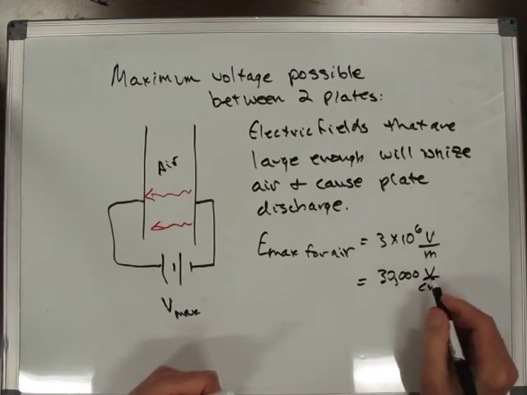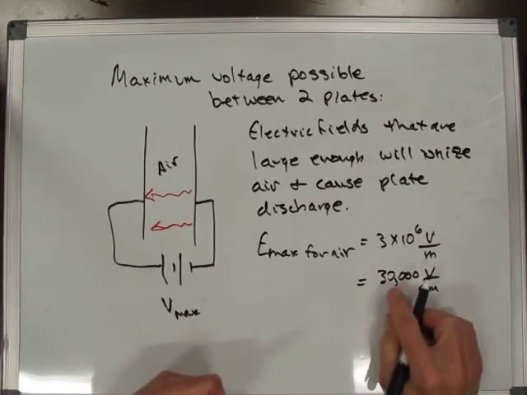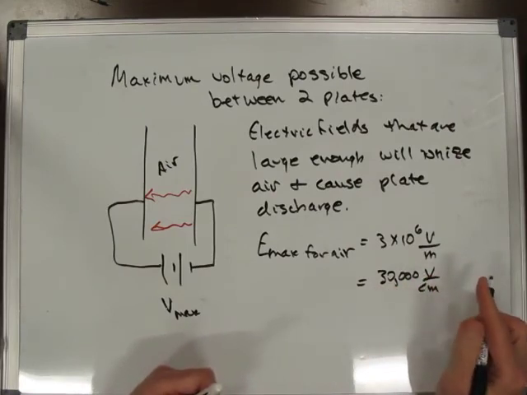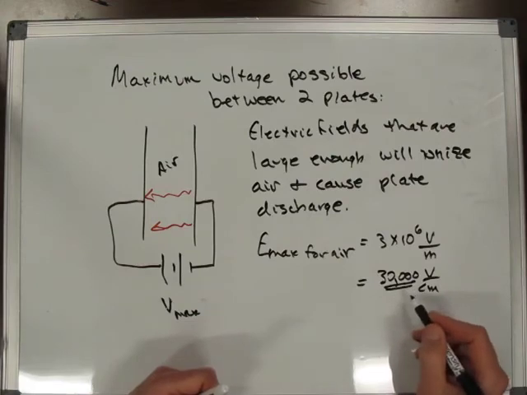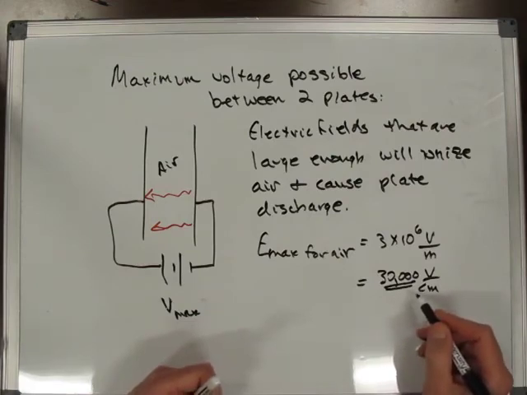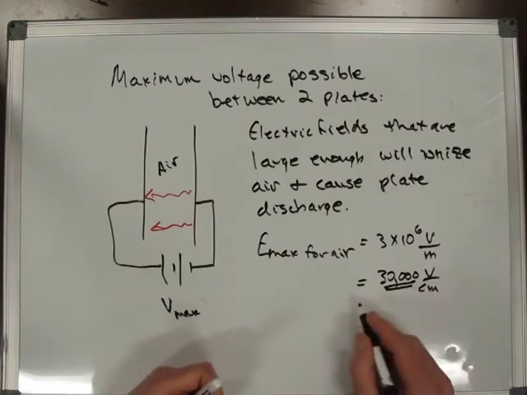And this means if you get a shock, a spark off a doorknob, where the spark jumped through the air and it was about a centimeter long, you received a 30,000 volt shock. Now you may say, well, why doesn't that kill me? The answer is because the charge is really tiny.